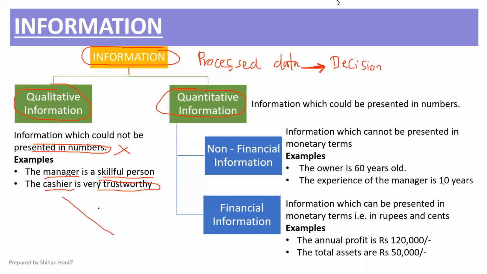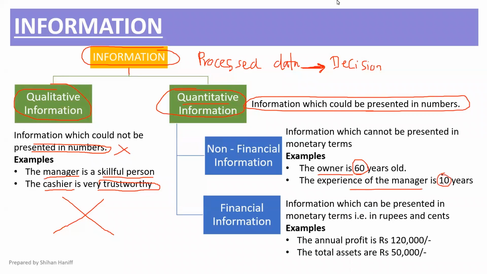But in accounting, we don't take qualitative information. We will take quantitative information which could be presented in numbers. But we don't take all the quantitative information, because for example, the owner is 60 years old, the manager's experience is 10 years. We don't take this type of information.